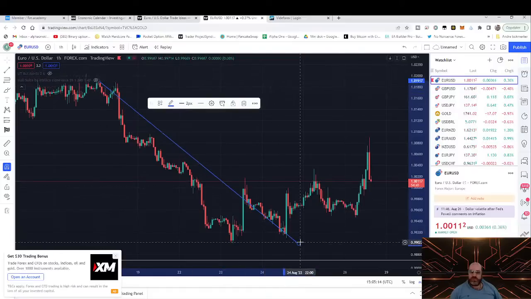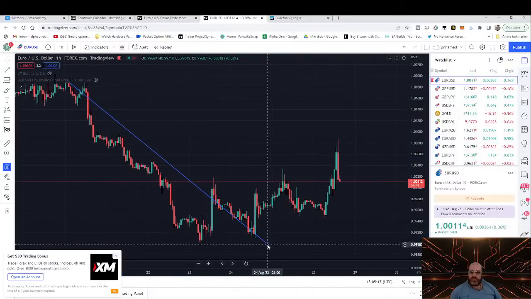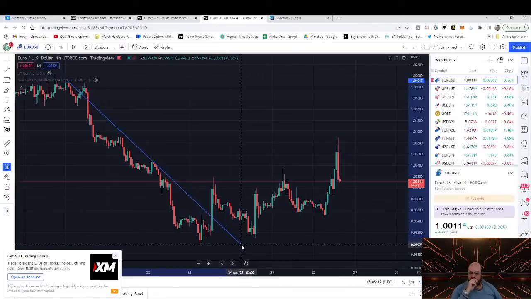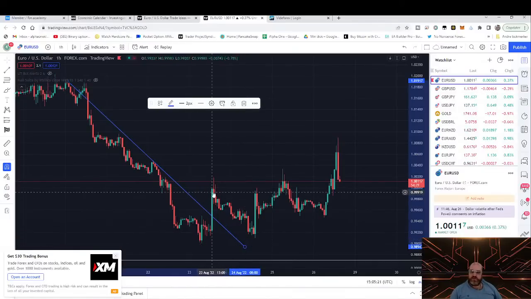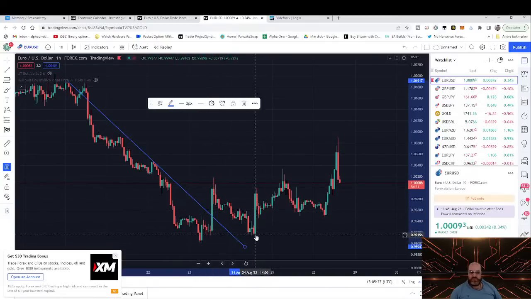Let's put there and there. So you can see we did break this trend line, but as we did go below the $1 mark, I was really expecting us to continue downwards.